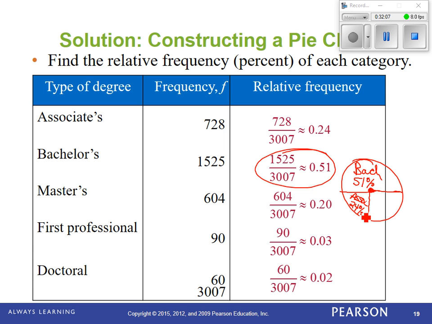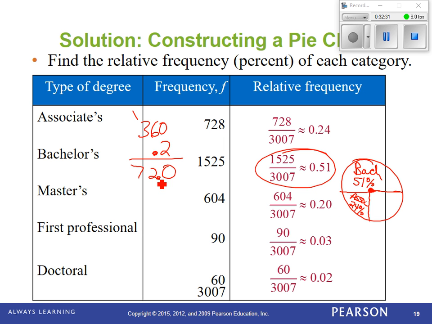We look on down through here, and this is about 20%. Well, if we take 0.2, somebody help me out, what's 0.2 times 360 on your calculator? Yeah, 72 degrees, is that about right? So 72 degrees. We look at the rest of this, it's a little more than 90 here.